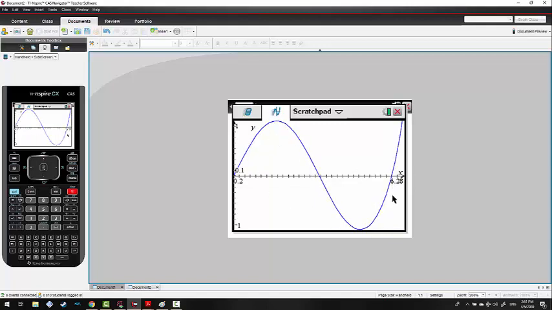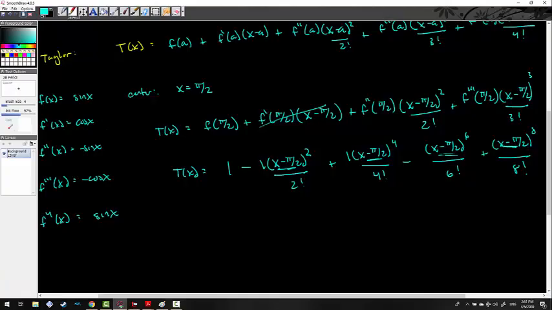But what I want you to also think about is what the function actually was. From here, notice how it started off at 1 and then became x minus pi over 2 squared over 2 factorial, then x minus pi over 2 to the 4th over 4 factorial. Well, we've actually encountered a Taylor or Maclaurin series that behaves this way. We've known it as cosine.